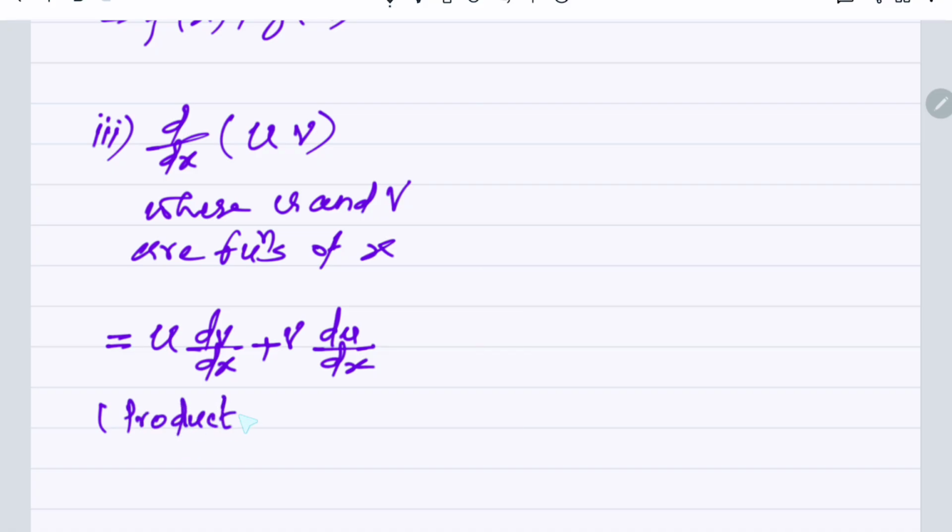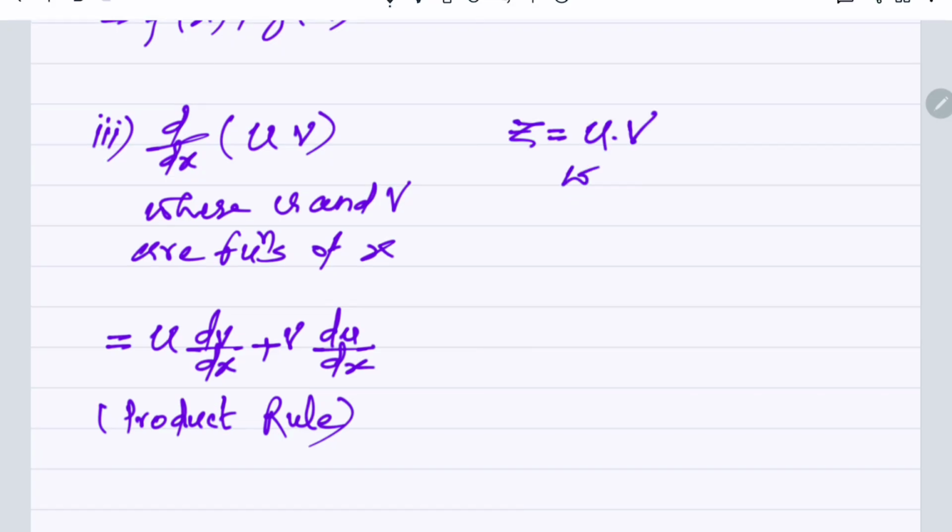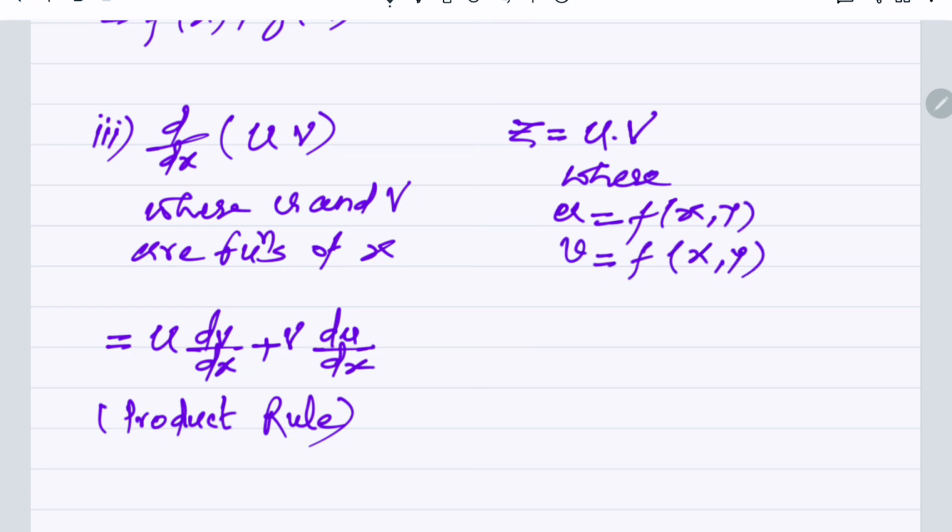For that, we consider z as a product of u and v, where both u and v are functions of two independent variables x and y. Then we can differentiate z with respect to x, that is dou z by dou x, by applying product rule.